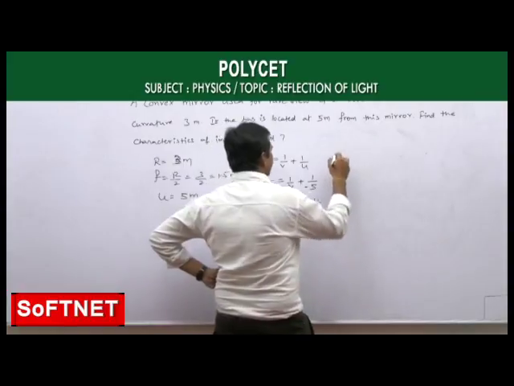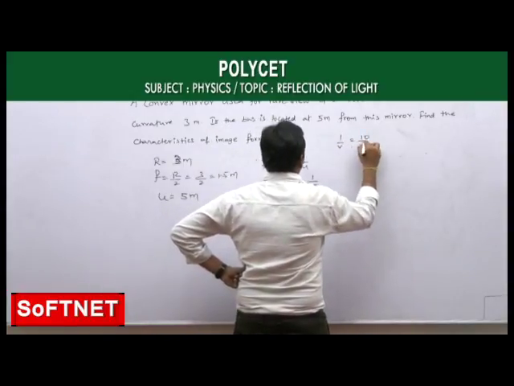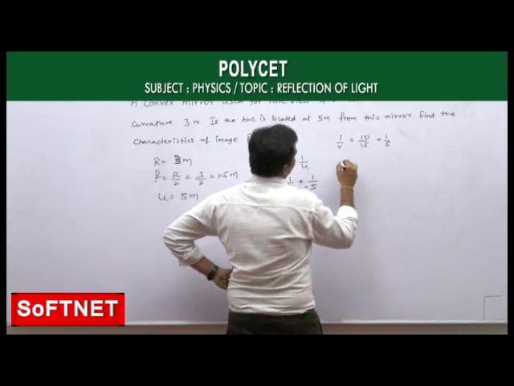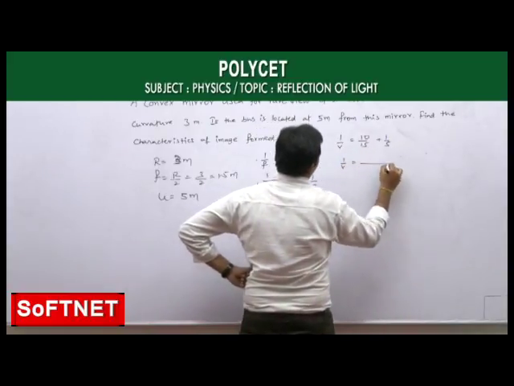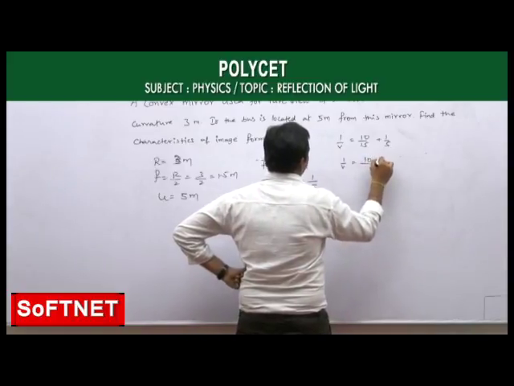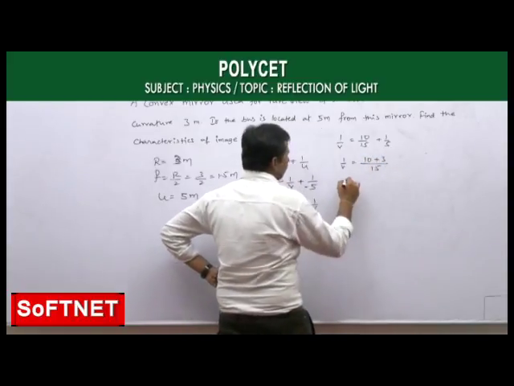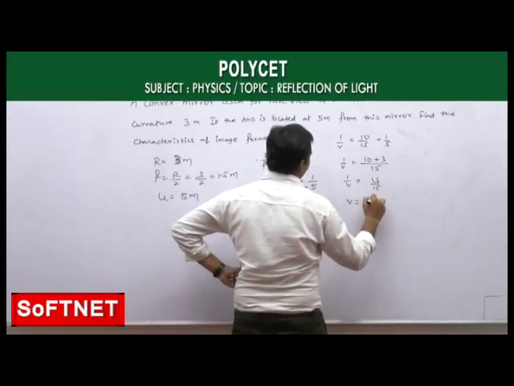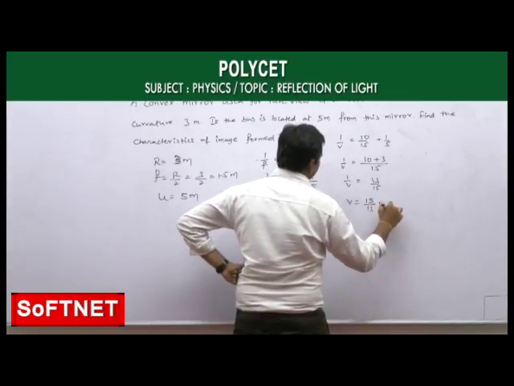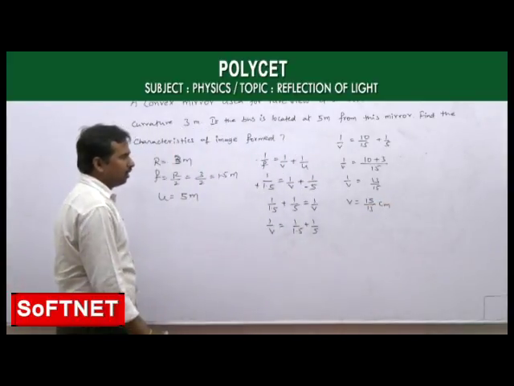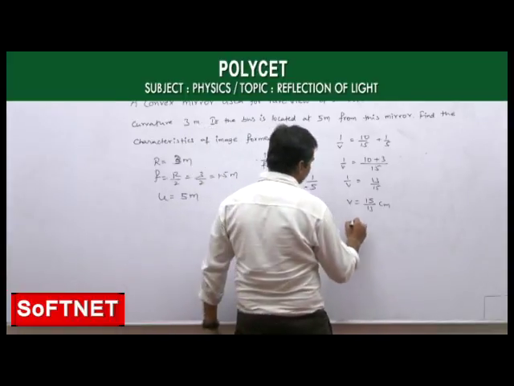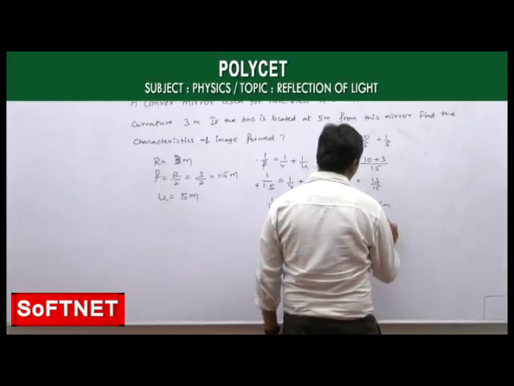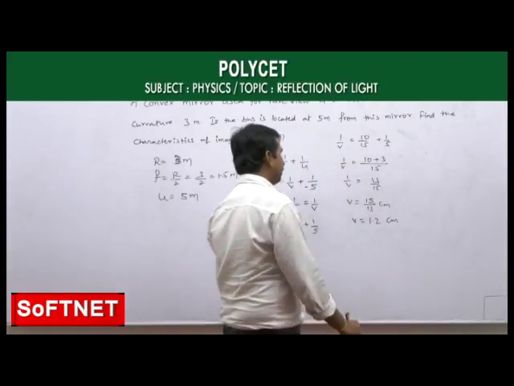1 by 1.5 we can write as 10 by 15, plus 1 by 5. Then if you take the LCM, 1 by v is equal to 10 plus 3 over 15. Then 1 by v is 13 by 15, or v is equal to 15 by 13 meters. Approximately v is equal to 1.2 meters.